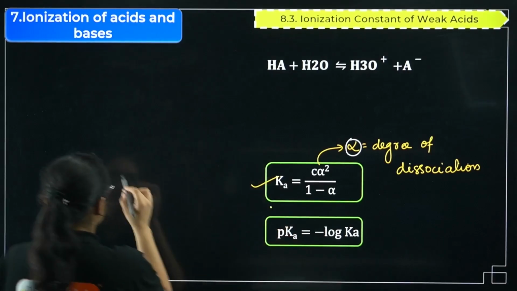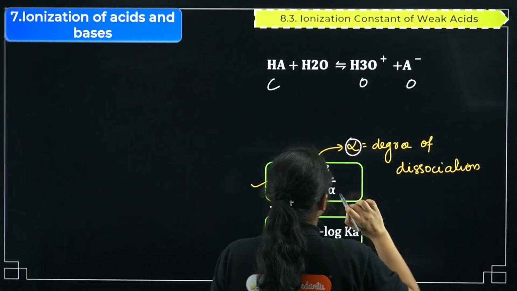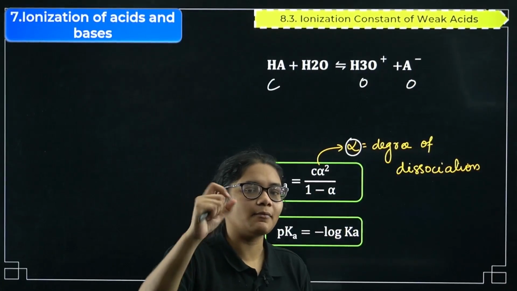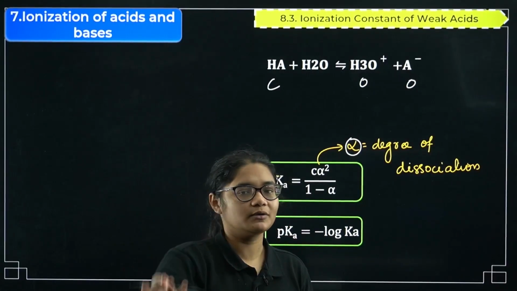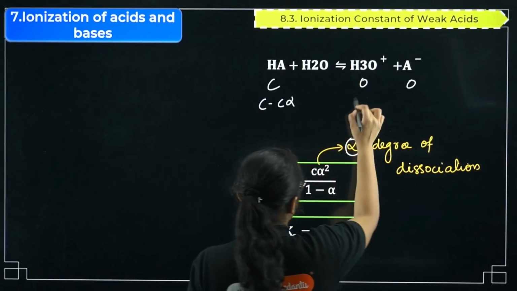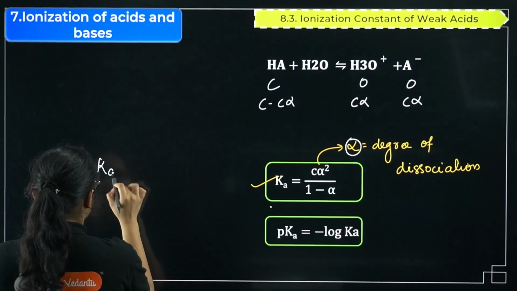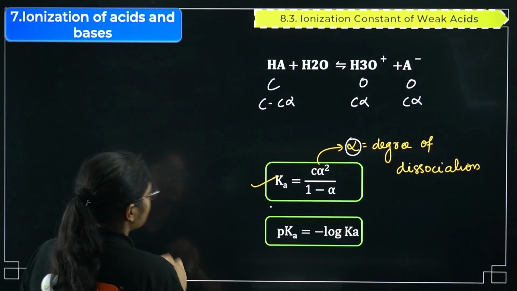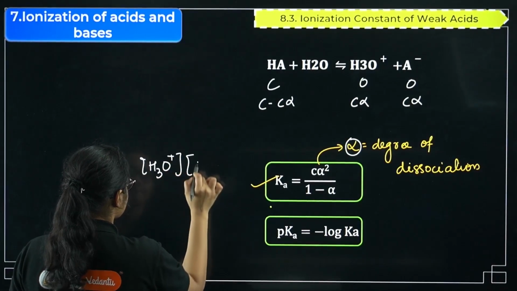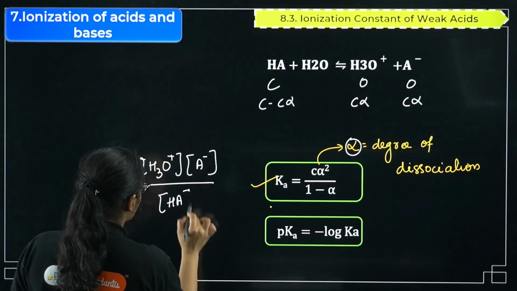Suppose the initial concentration was C, and the products were 0 and 0. Now what happens? Alpha amount per mole has dissociated. For C moles, how much will dissociate? C alpha. So at equilibrium we have C minus C alpha, C alpha and C alpha. If I want to write the equilibrium constant, we denote it as Ka. It will be the H3O plus concentration times the A minus concentration divided by the HA concentration.